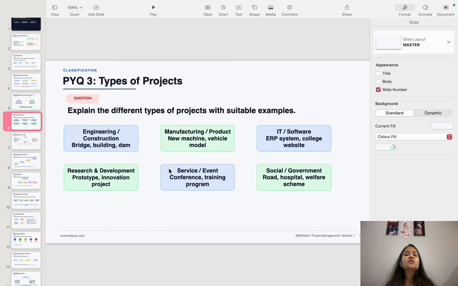Fourth is research and development projects where new prototypes or innovations are created. And the fifth is service or event projects like conferences, training programs, or workshops. And the sixth is social or government projects such as hospitals, roads, water supply systems and welfare schemes.